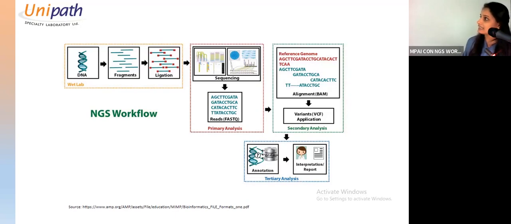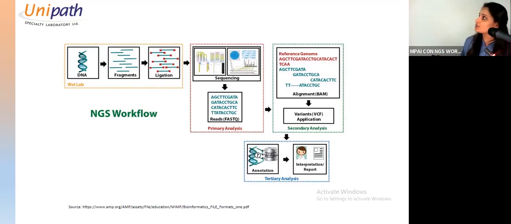Then, when this FASTQ data is taken along with the reference genome, which can be HG19 or HG38, which we should all prefer because that is the latest version of the human genome, having corrections made on HG19, the format which you get is a BAM file, that is, a binary alignment map file.